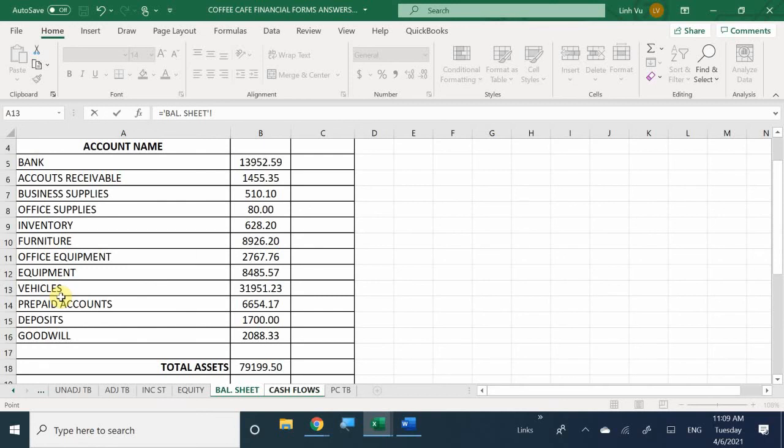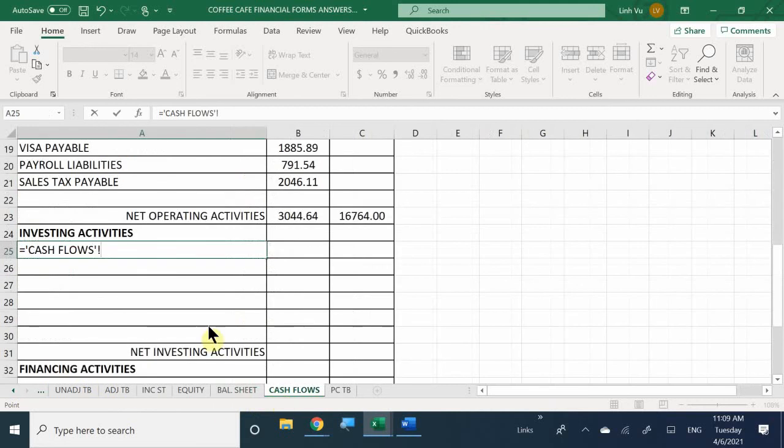But I'm just going to utilize this to grab their titles, or actually, I could do that from the adjusted trial balance. So here, once again, it's going to be anything that you made purchases for. So, what was my first purchase? Let's go take a look.